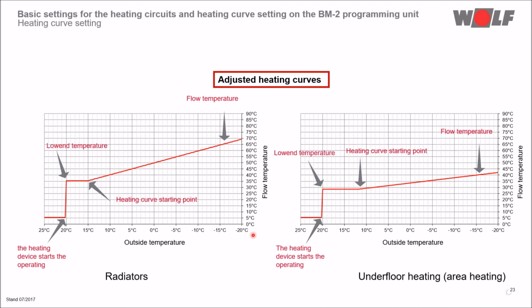This depends on the winter-summer changeover. The value is just over 20 degrees. Apart from that, we can see our set values, the low end temperature, the heating curve starting point, and the maximum flow temperature at a standard outside temperature of -16 degrees.